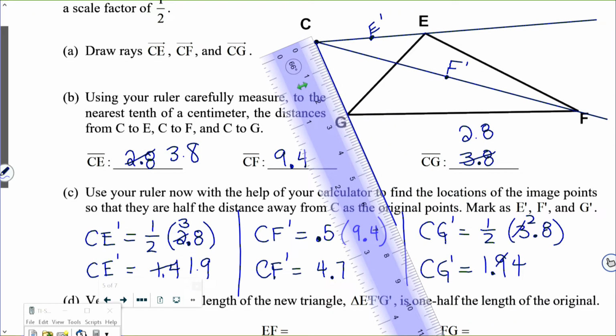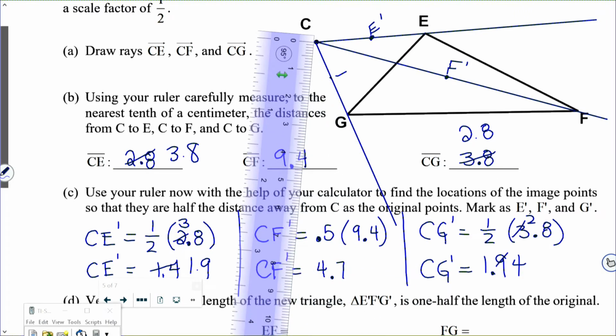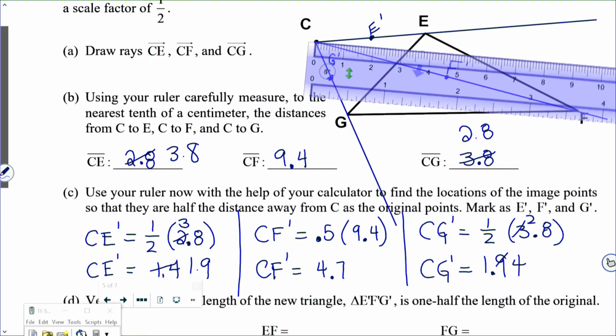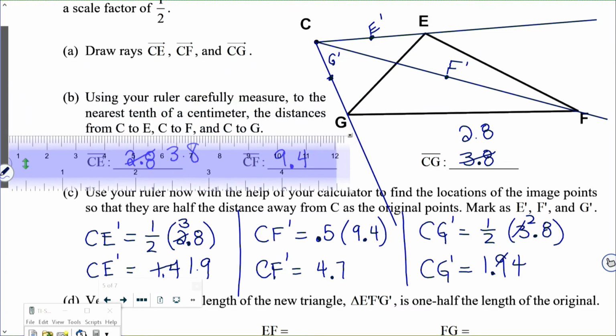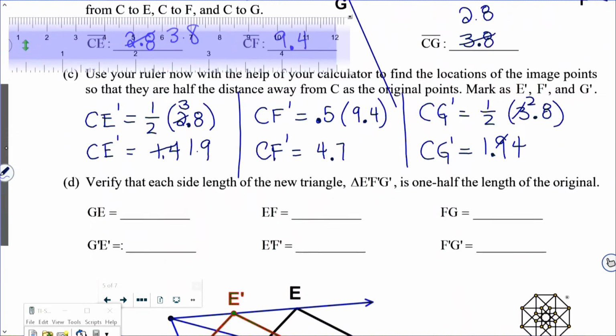We should have 1.4. That's right here. Hopefully right here. Come on, no. We'll just go like that. And that's going to be G prime. Whew. All right. Finally. It's kind of hard to dilate an entire triangle. Kind of a pain. All right, so we've located them all.